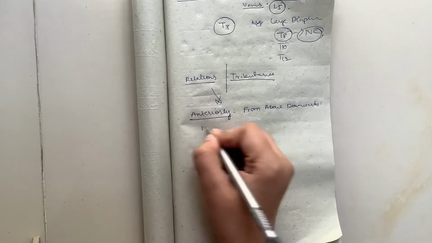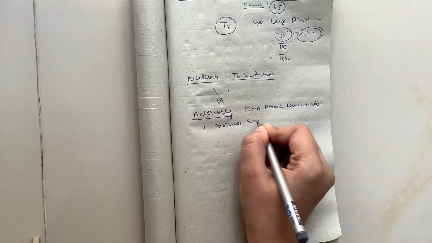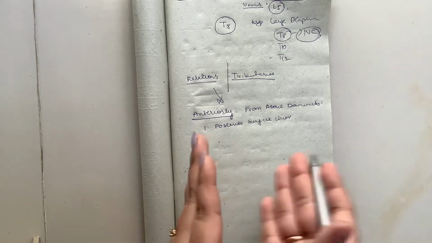First is the posterior surface of the liver. This is a basic one. Everyone knows that on the posterior surface of the liver you have a groove, an impression for the inferior vena cava. So this is quite easy to remember.